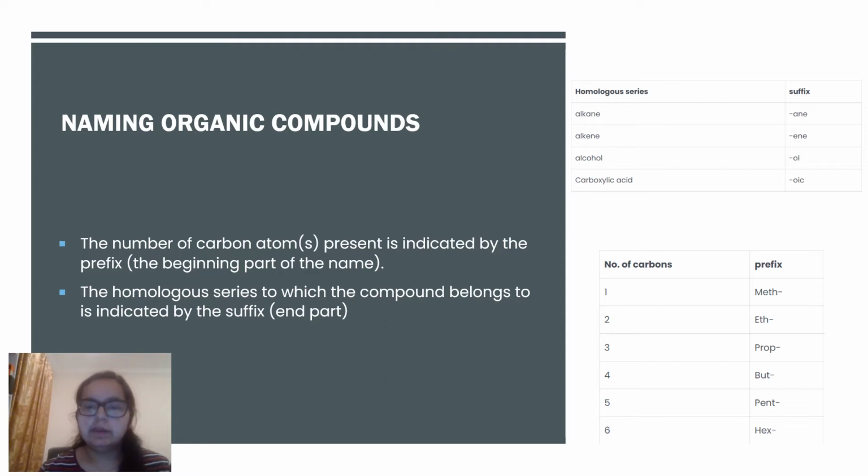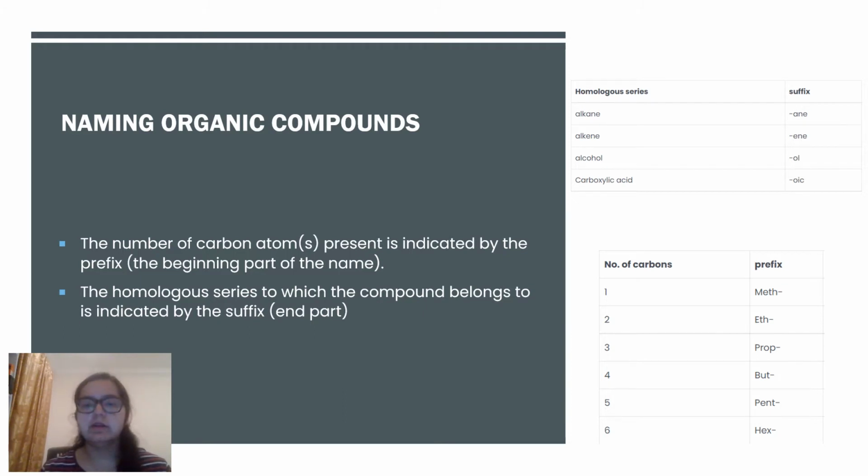Then when naming alcohols and carboxylic acids, when we need to say that the alcohol has 2 carbon atoms, we don't say ethyl, we say ethanol. We need to just add an ol: ethanol.